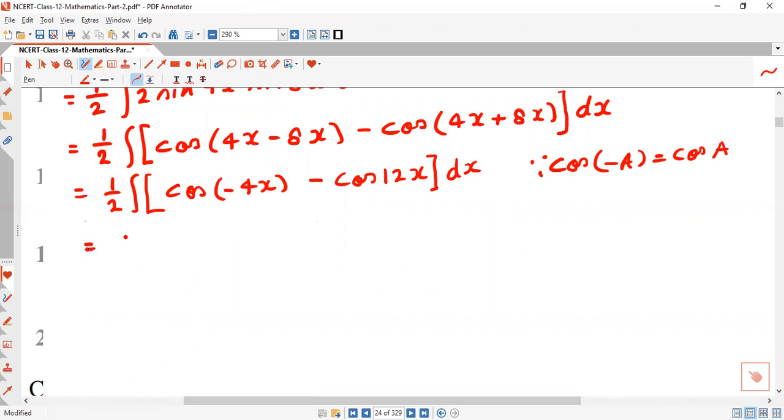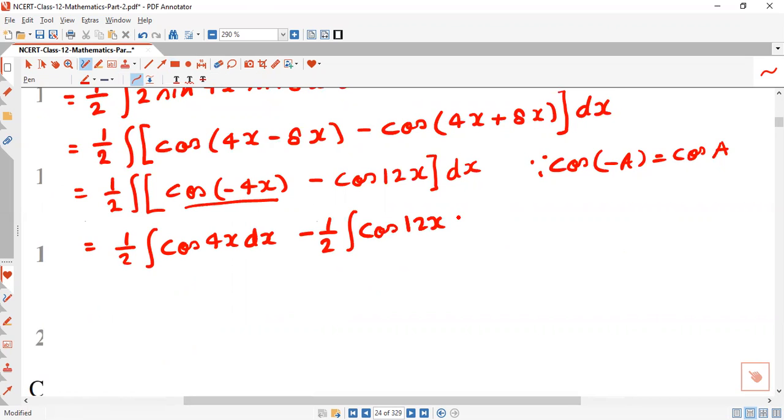It becomes half cos(minus 4x), which becomes cos 4x. So half integration of cos 4x dx minus half integration of cos 12x dx.